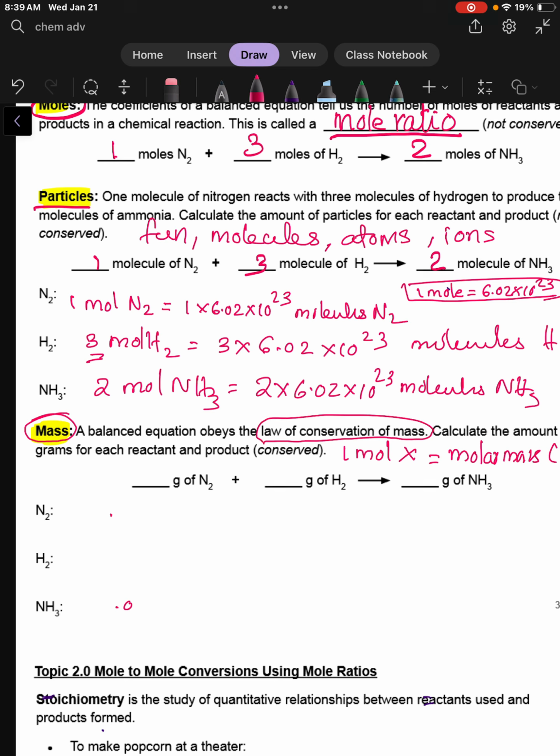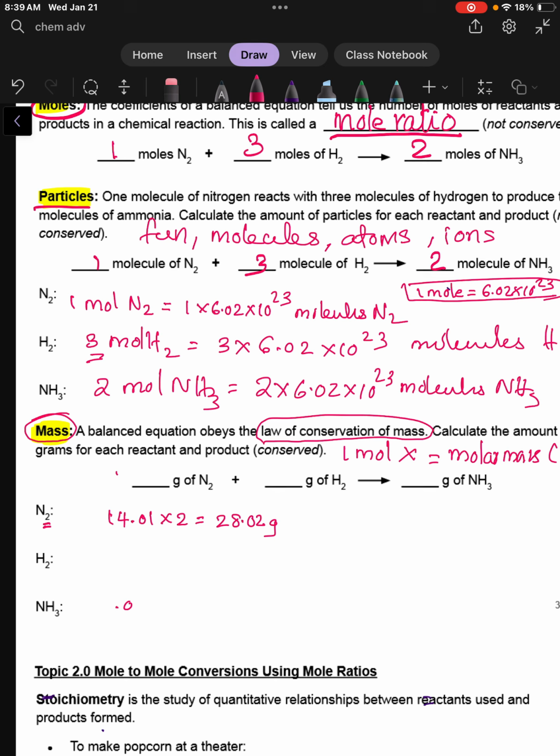Let's see. What is the mass of nitrogen in the periodic table? 1 nitrogen is 14.01. You have to multiply with the subscript, which is 2: 14.01 times 2 is 28.02 grams. That is just 1 mole.